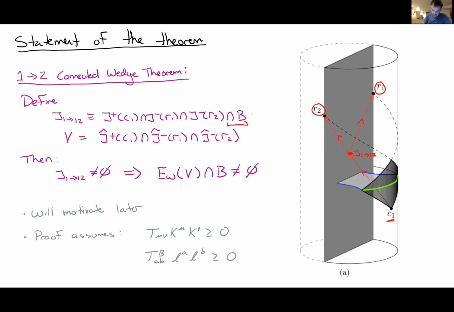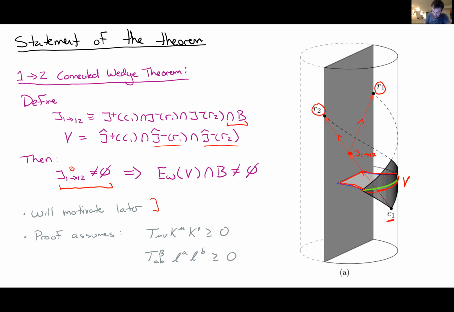Then what the theorem says is that if that brane-anchored scattering region isn't empty, then the entanglement wedge of this boundary region V will take on the attached-to-the-brane configuration. So it will attach this way. More precisely, V is defined just like before: it's the future of C1 and the past of R1 and the past of R2, taken in the boundary geometry.